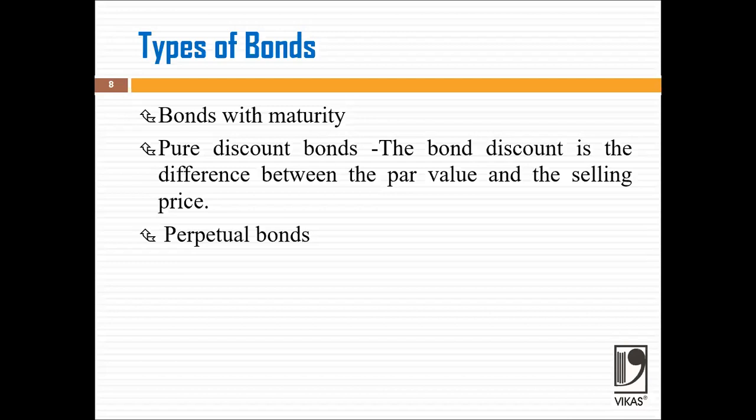Today you buy the bond for 300 rupees, and you keep that bond until the maturity period, say 5 years. After 5 years, you can submit the bond to the company, and you can get 1000. So what's the profit? 1000 rupees is the face value. You purchased that bond for 300 rupees. The difference is 700. This 700 is the profit for the bondholder. So for this bond, you cannot find any rate of interest.